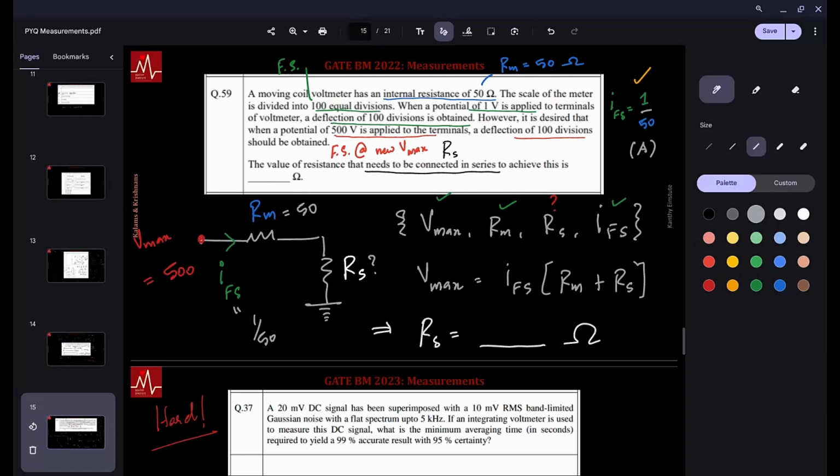So that is 500 into 50 minus 50, which gives 24950.